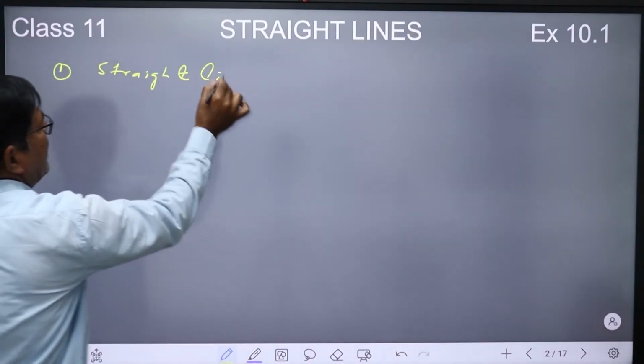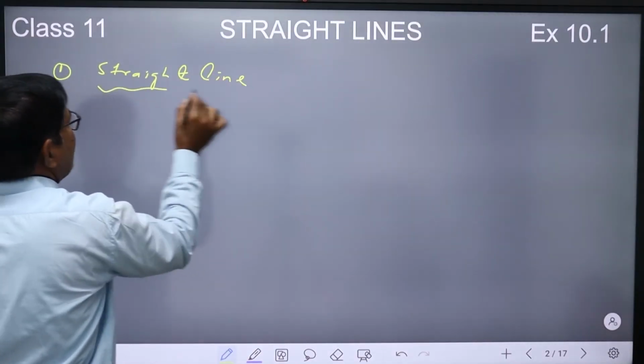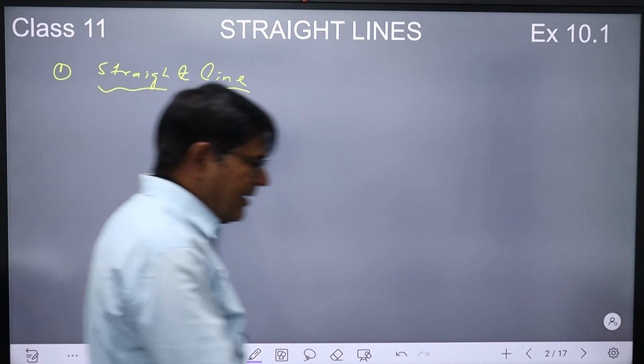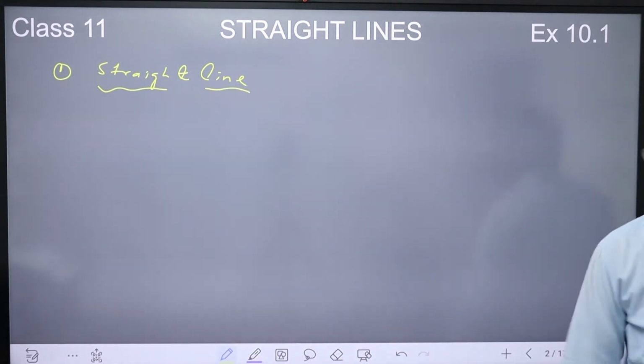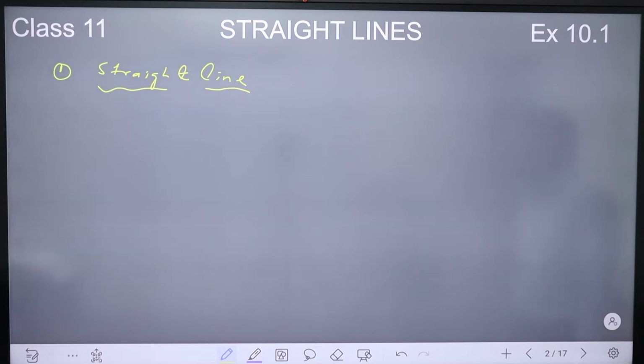In class 10th or 9th standard, we discuss about the geometrical representation or graphical representation of a straight line.